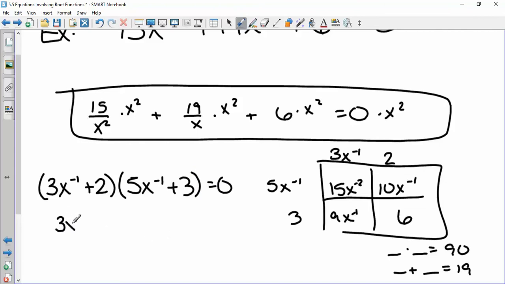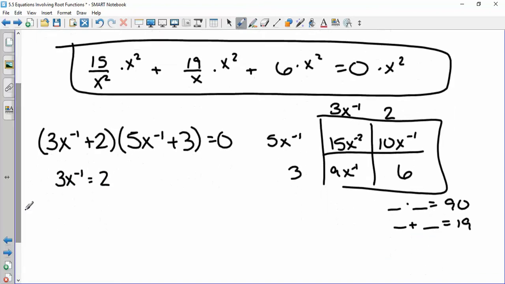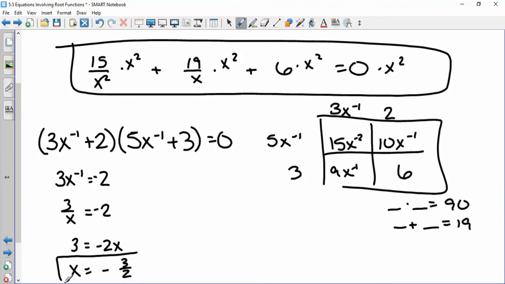Okay, so if you set these equal to 0, that x to the negative 1 just puts it on the bottom. So it's like saying 3 over x equals negative 2, sorry. So if you multiply over your x and divide, you get a negative 3 over 2.